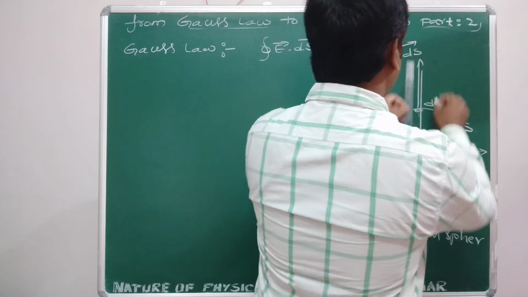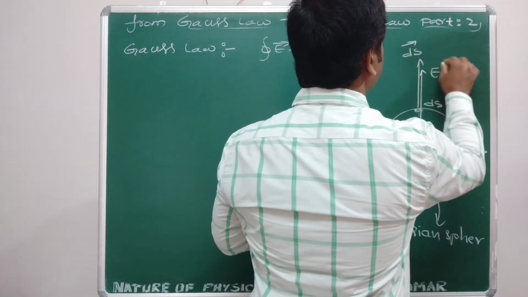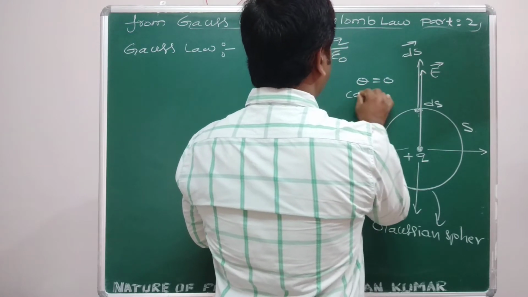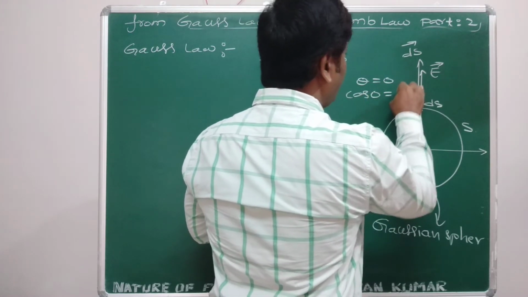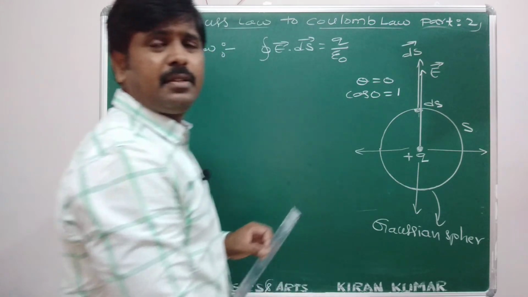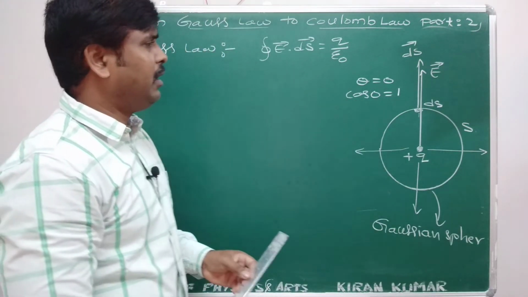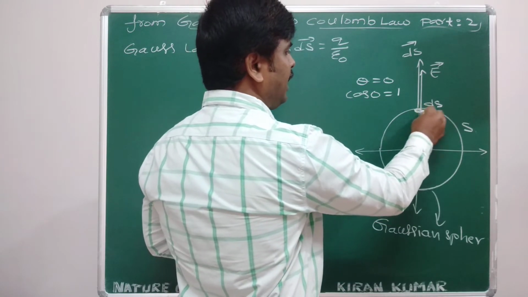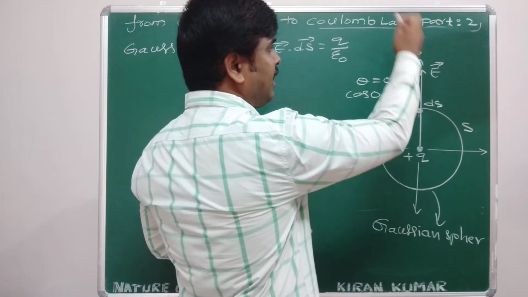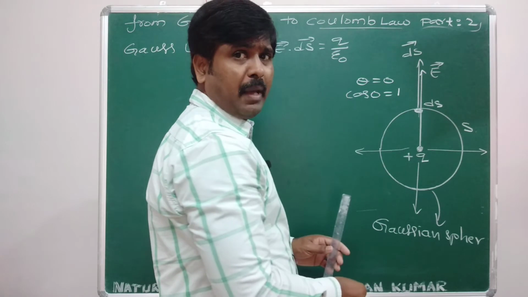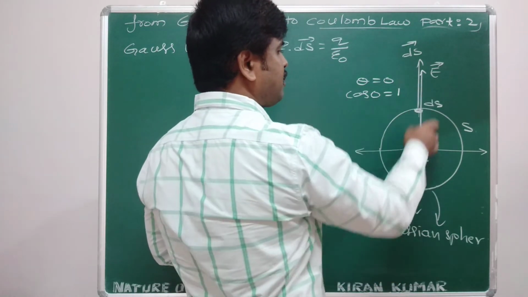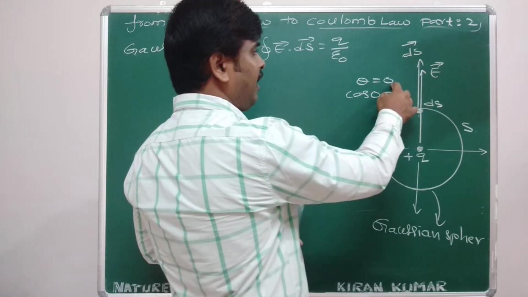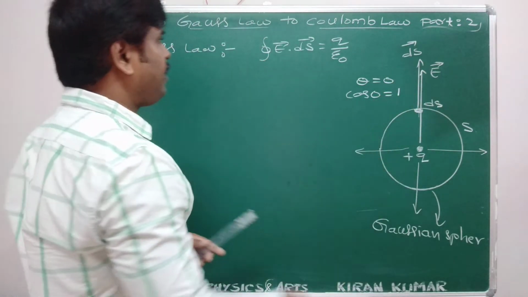Here we get theta equal to 0 and cos 0 is equal to 1. So this is the Gaussian sphere on which the small element area is ds, and the area vector is normal. The electric field from the positive charge is radially outward, E bar and ds bar are along the same direction, theta is equal to 0, cos 0 is equal to 1.